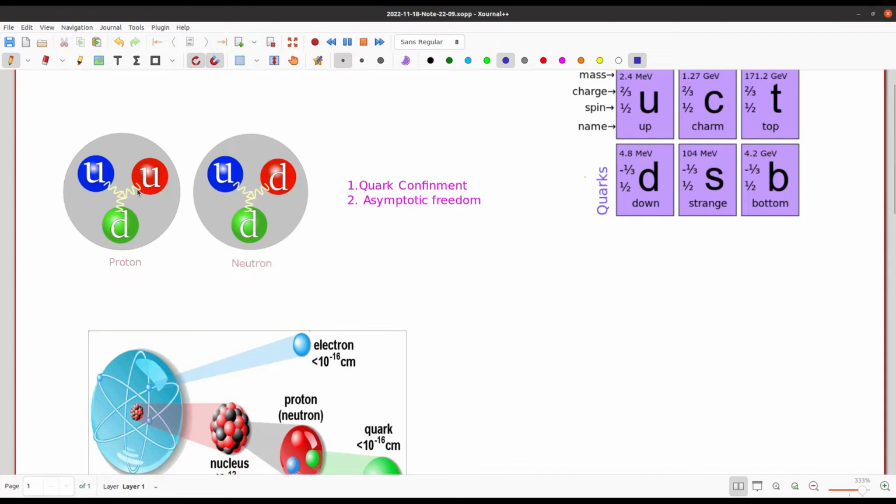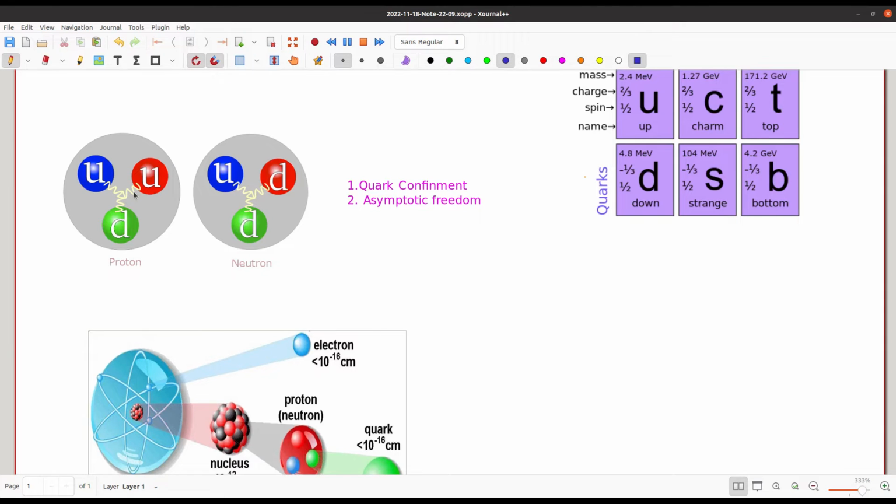bound by the strong interaction, which is dominated by the gluons. This interaction is exchanged by the gluons. This is the mediator. For example, if you have 2 charges, we have the Coulomb interaction, which is created by the exchange of photons. Similarly, in the case of quarks, the strong interaction is created by the exchange of gluons.